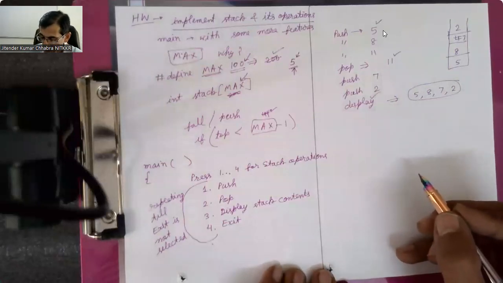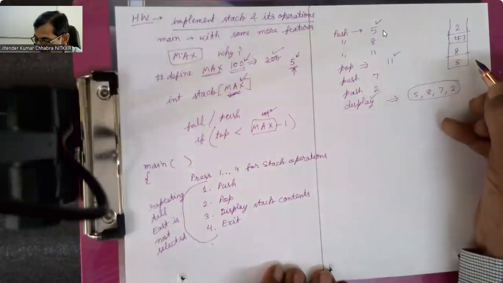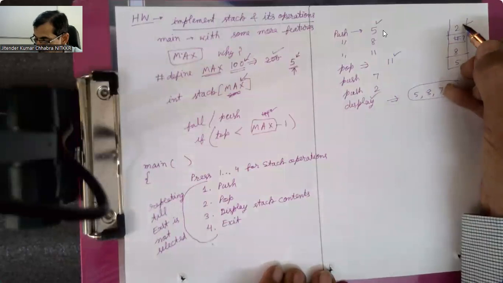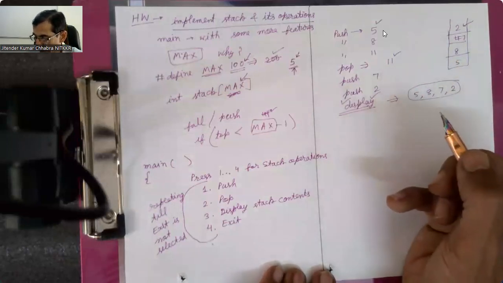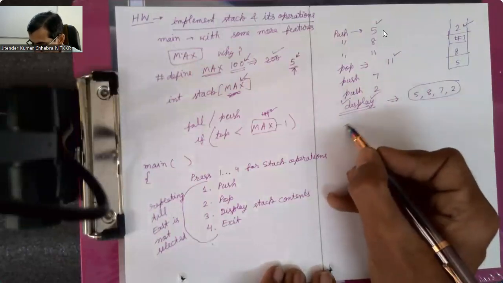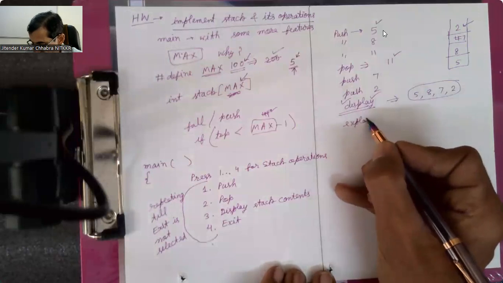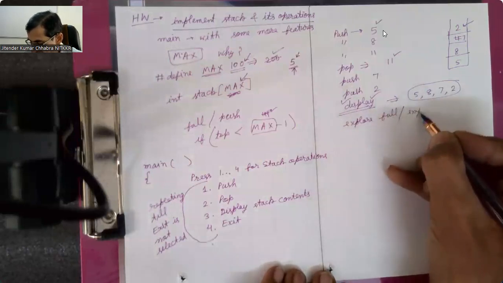But otherwise, in stack, normally we are not permitted to refer to individual elements of the stack without referring to top. But just to verify my results, I'm giving this operation so that I can check that my result is correct. So similarly, you should be able to also explore the full condition or the empty condition.